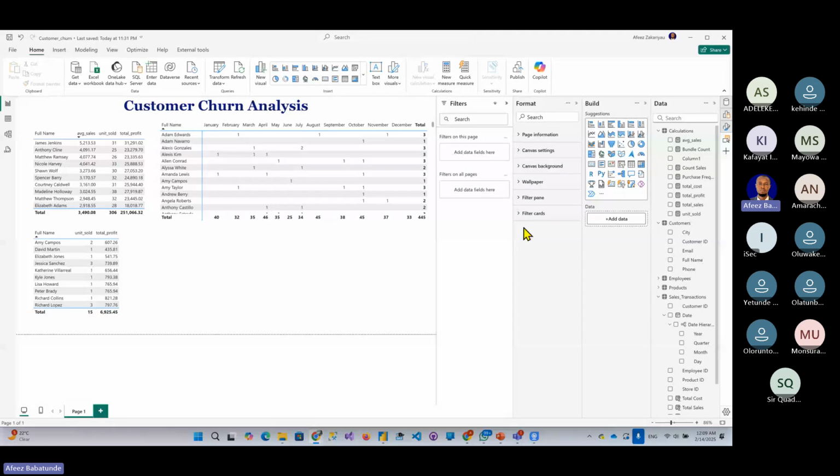In a situation whereby you have customer support in your business, you can think of how much we are spending on each customer to advertise to them, and how many times we call this customer to even buy from us.